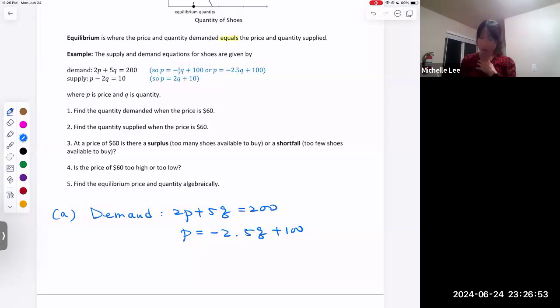So P, which is $60, either one is okay, equal to negative 2.5Q plus 100.